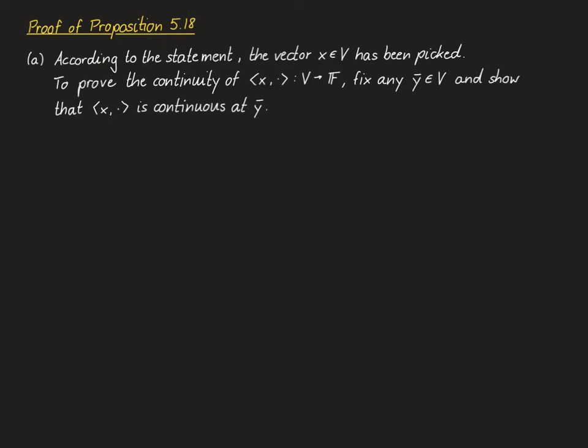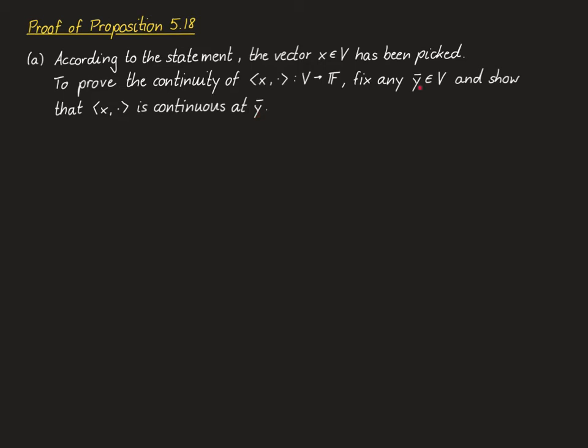For the proof of proposition 518, part A, we assume that according to the statement, a vector x has been picked. And now to prove the continuity of this functional that maps from the second argument of the inner product, which is a vector, into the field, we fix again an arbitrary vector y bar in V and show that the functional is continuous at this point y bar.